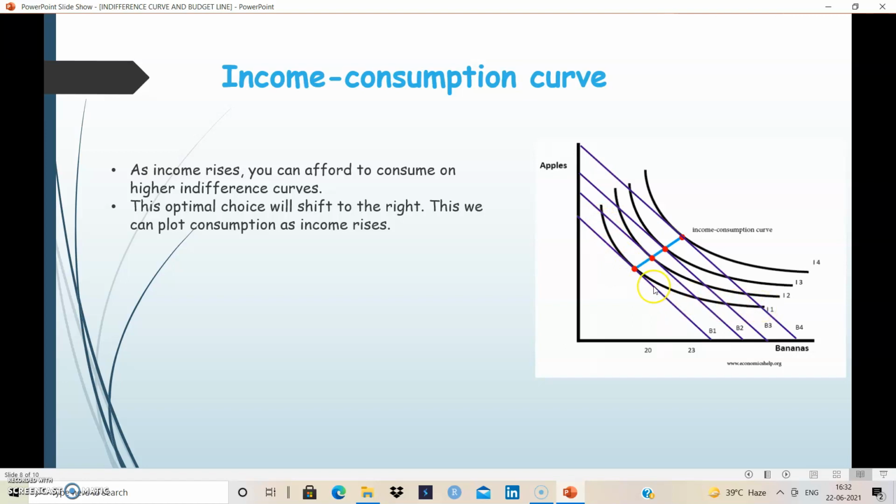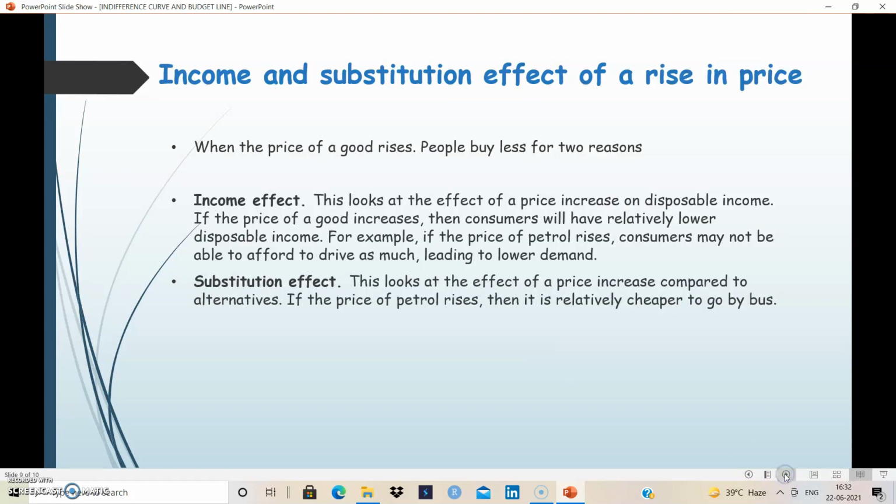As our income rises, the curve shifts towards the right. So when our income rises, we shift to IC2, and when income rises more, we shift to IC3, and when income rises more, we shift to the IC4 curve. This shows the income consumption curve with increase in income of a consumer.